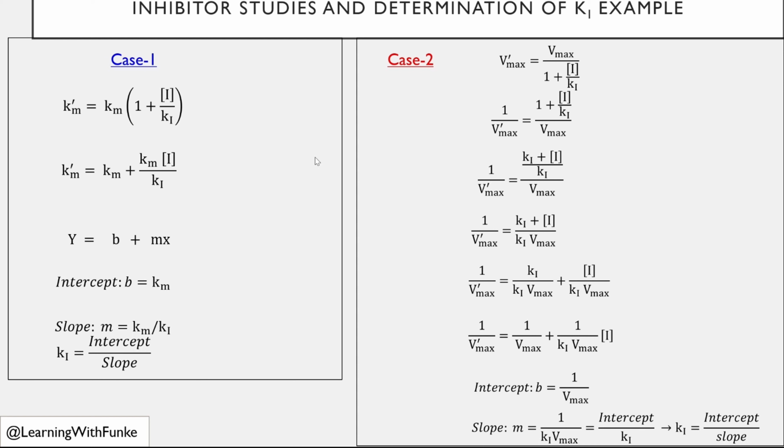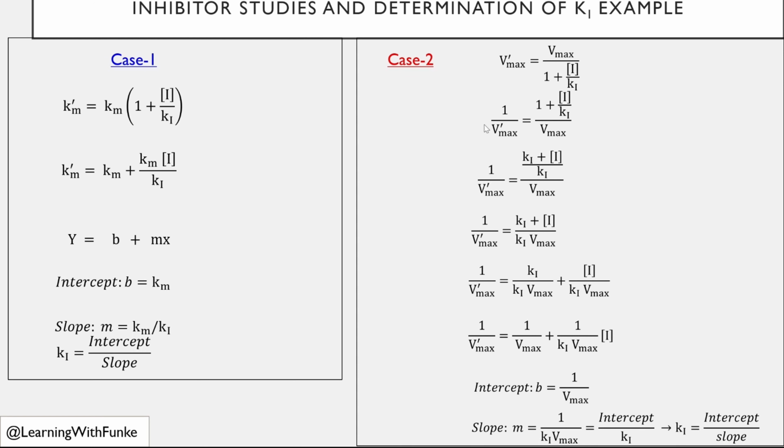We also talked about how in non-competitive we have this case where Vmax prime reduces by factor alpha, where Vmax prime equals Vmax over alpha, right? So this is the case of competitive, and this is the case of non-competitive. In case 1, only Km prime is changing, and Vmax is equal to Vmax prime. In case 2, for non-competitive, Vmax prime is reducing, but Km is still equal to Km prime.